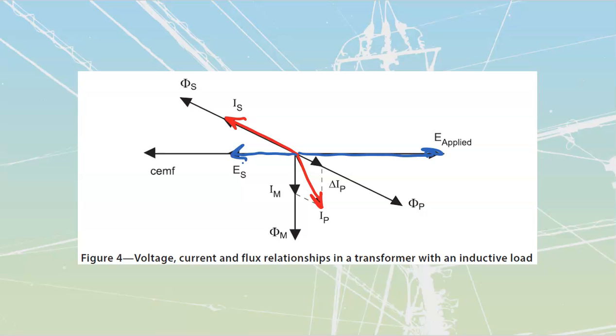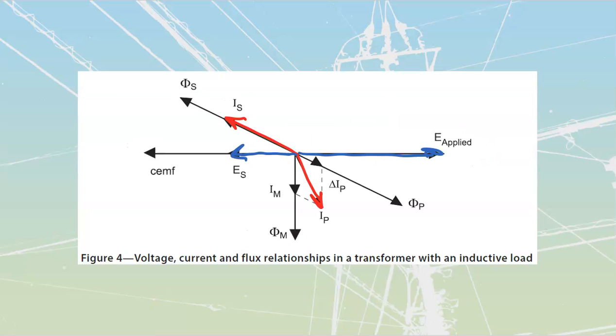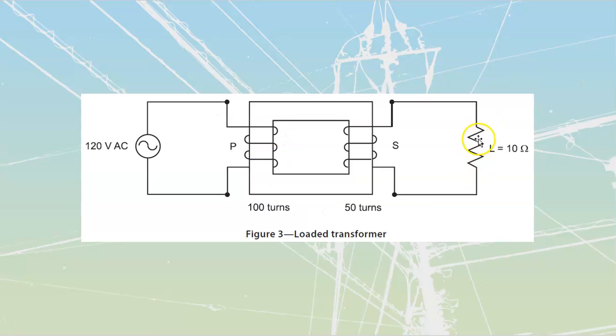What happens now is as we change any value on my secondary over here. We're purely resistive, but because it has some inherent inductive properties, even a purely resistive load on a transformer is going to be a little bit laggy, a little bit inductive. If we change this load, make it more inductive or make it capacitive, we're going to change the direction that the secondary current operates in.